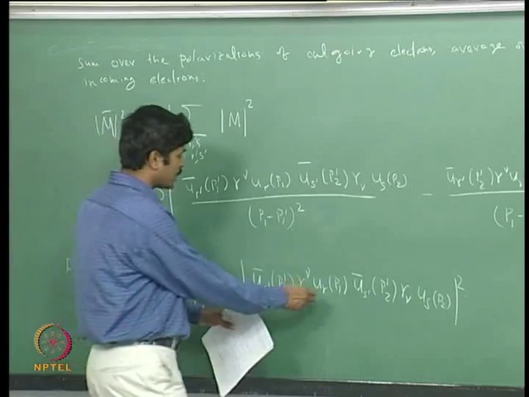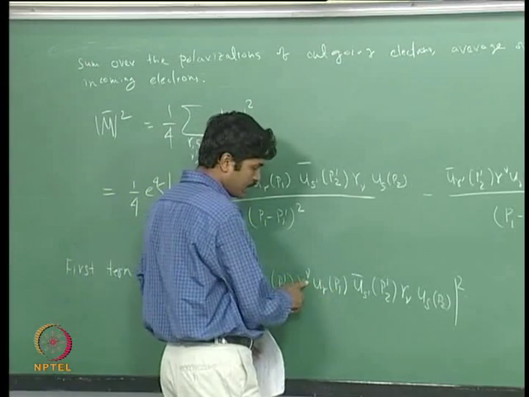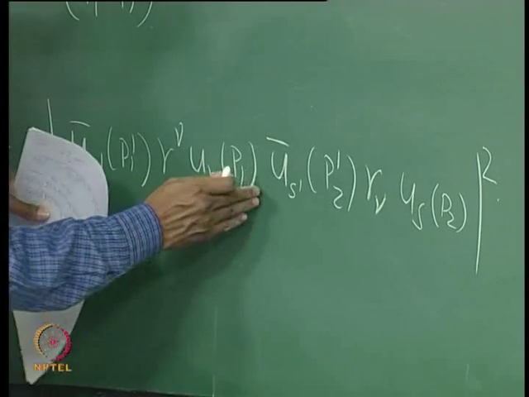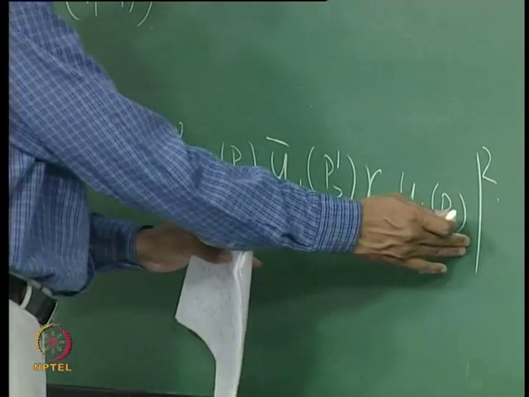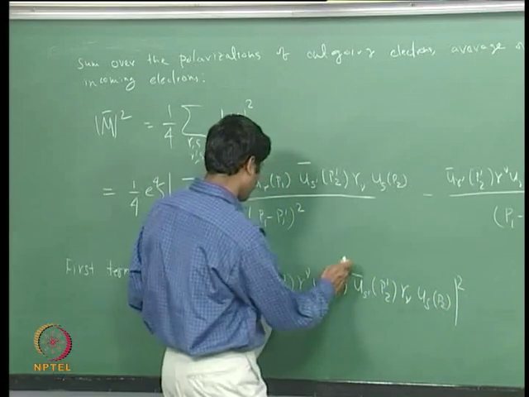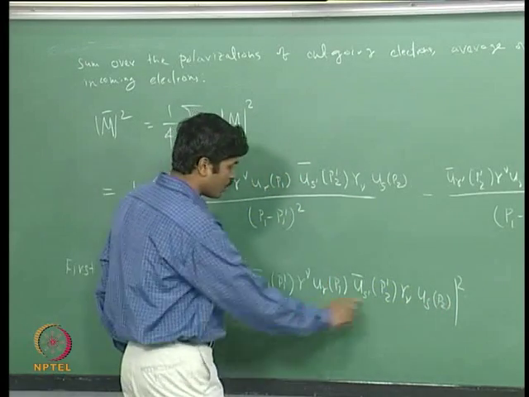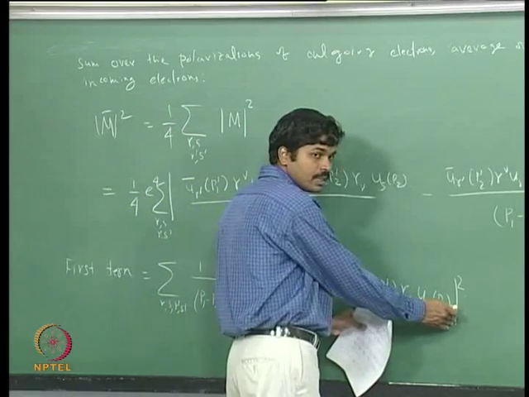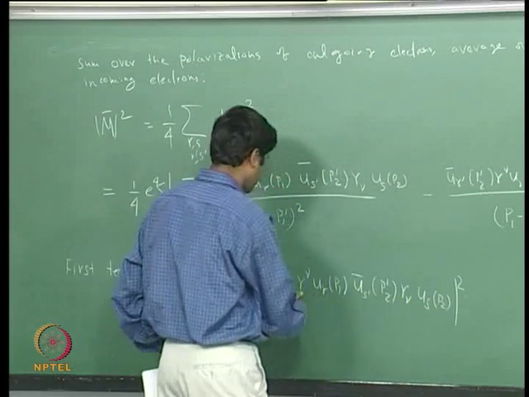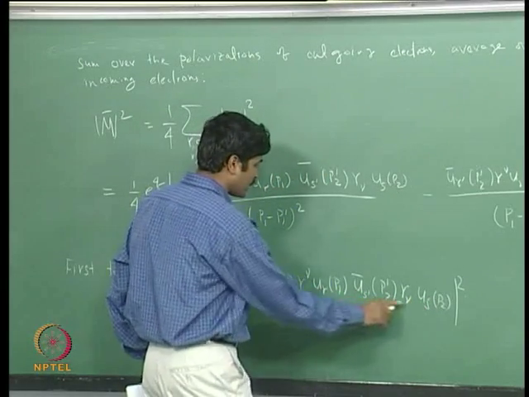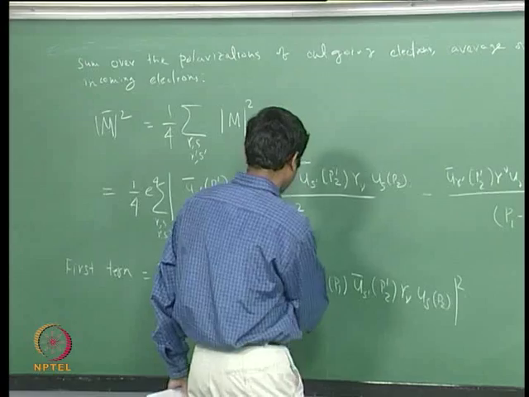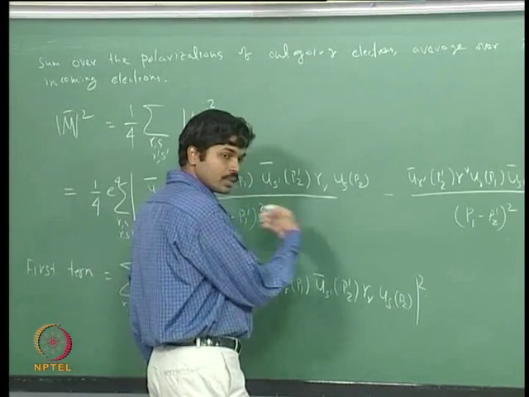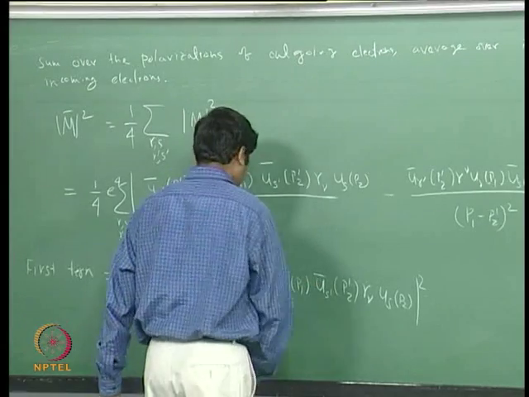We need to evaluate this, but keep in mind that this gamma nu here is a dummy index which is repeated. This is a number and this is also a number. So the whole mod square is just the mod square of this times the mod square of this, but all you have to keep in mind is that while evaluating the mod square you have to use a different dummy index for the second one.